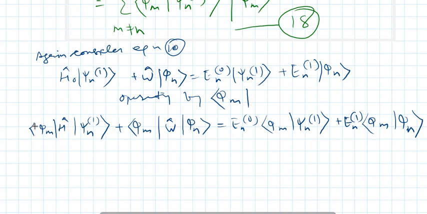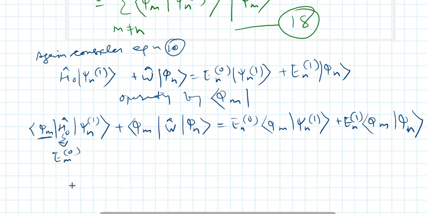And corresponding to it, its eigenvalue is equal to Em0 because I am operating with m. If it were n, then it should be En0, but here it is m, that's why it is Em0.